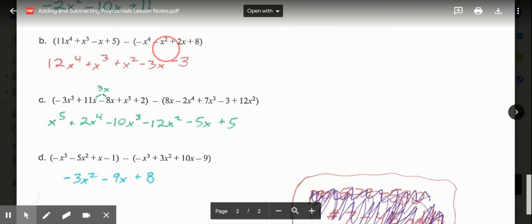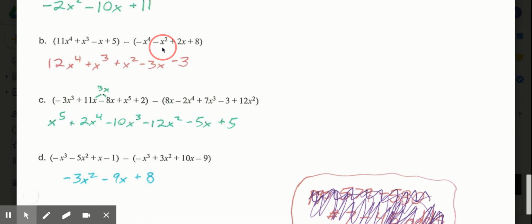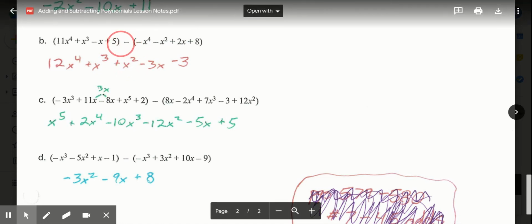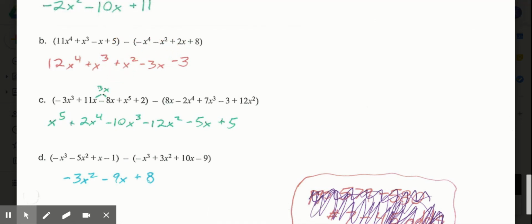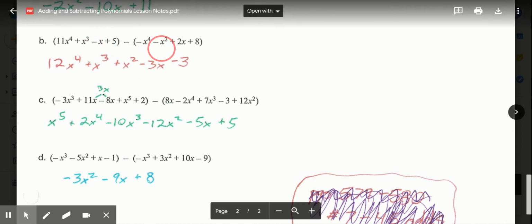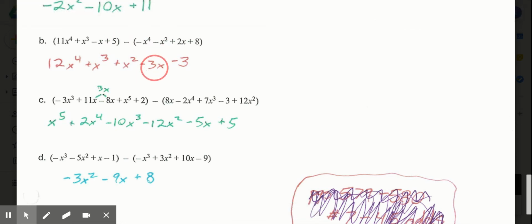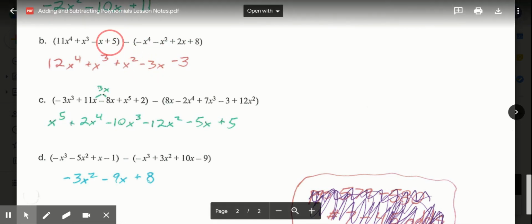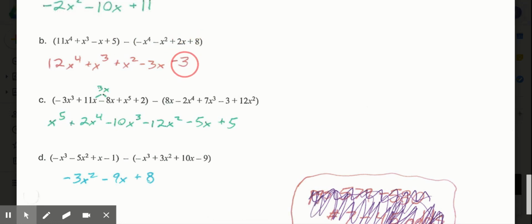X cubed, nothing to combine with, so it's just x cubed. -x squared doesn't have anything to combine with, but it becomes a plus x squared because if we're looking at our problem, we're subtracting a -x squared, which turns it back to a positive. Then -x minus 2x gives us -3x. Positive 5 minus 8 gives us a -3.